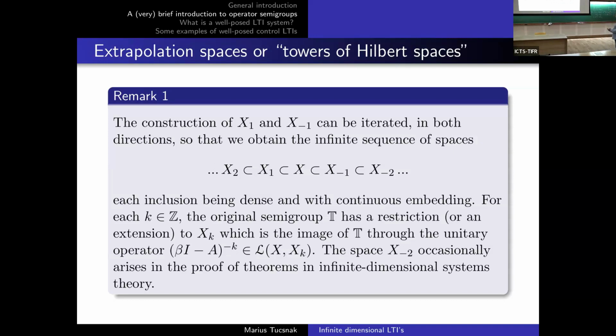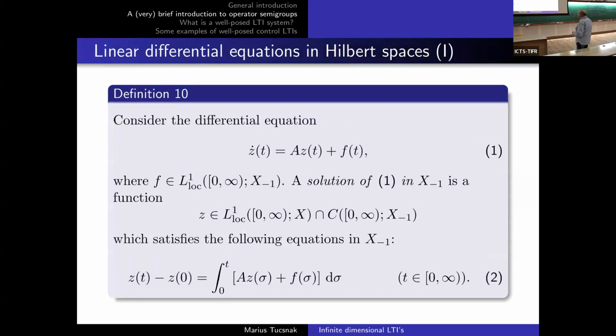We will need X minus 1 very often. Maybe I'll try to avoid it, but I will not always be able to do that. X minus 1 appears quite often in control theory with this viewpoint. Very rarely X minus 2. So let us get closer to our object now.